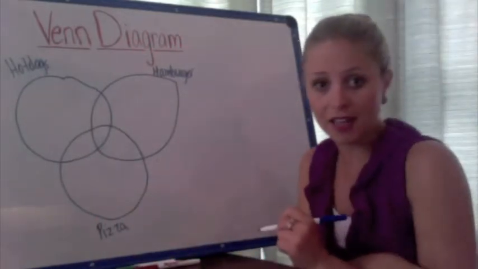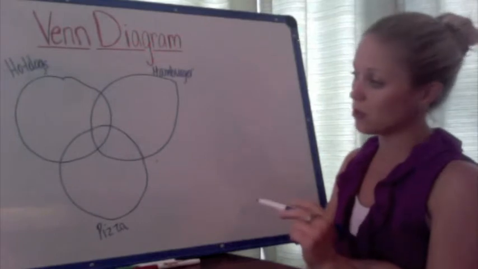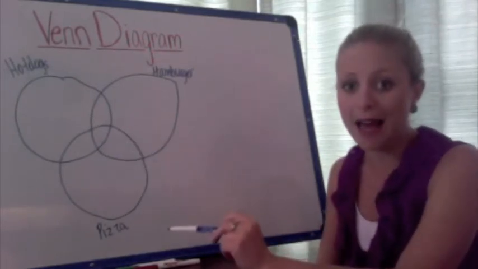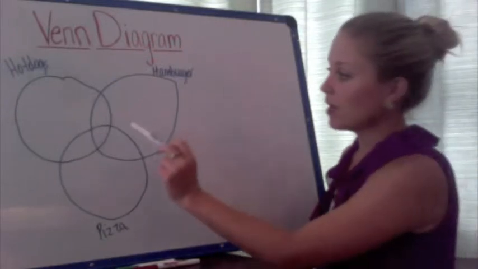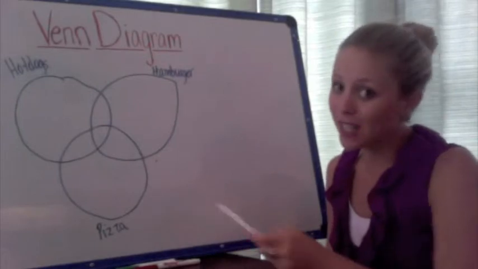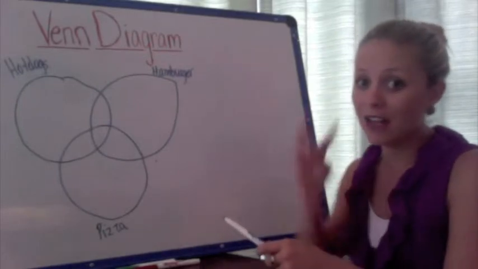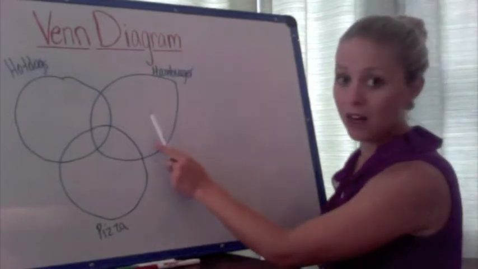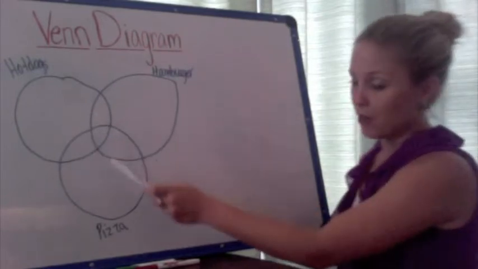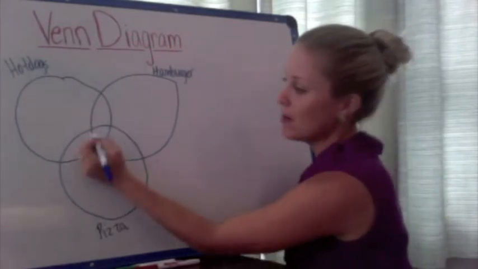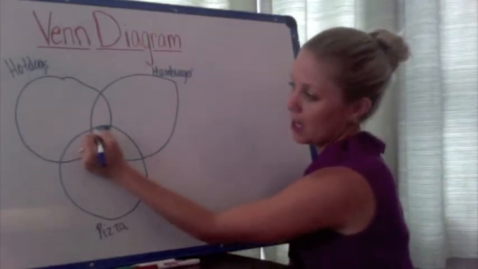So when you're looking at this diagram, you have 3 circles and then 4 shapes that overlap. Now, if we're talking about hot dogs, hamburgers, and pizza, that's right, boys and girls, I like all 3. So my name doesn't just go here, or here, or here. That's right, when you like all 3 of something, it goes in the middle, in this shape right here.